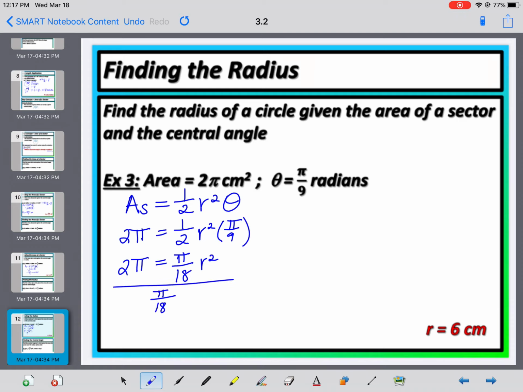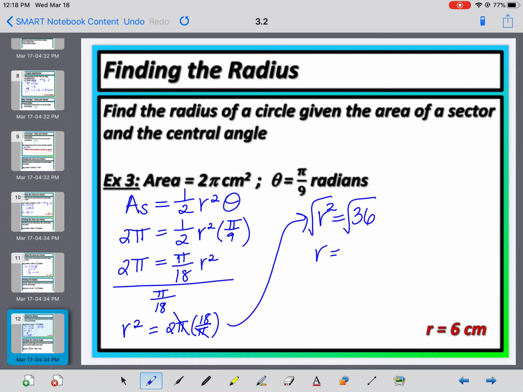And we're going to divide by pi over 18. So r squared is 2 pi times 18 over pi. I can cancel my pi's. r squared equals 2 times 18, which is 36.